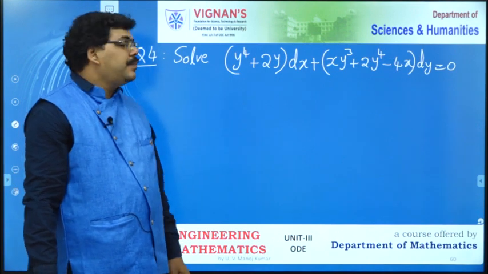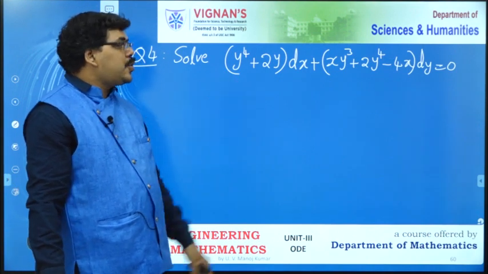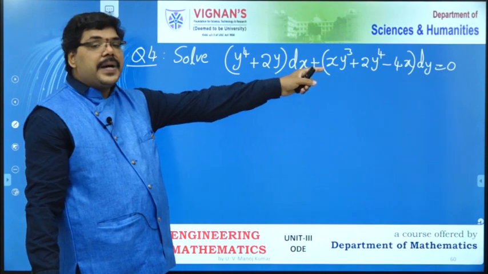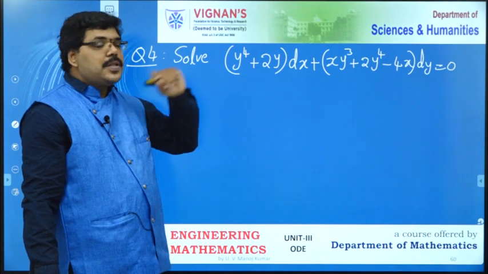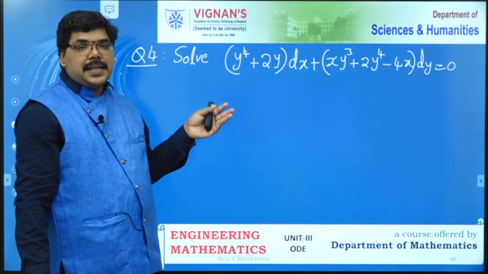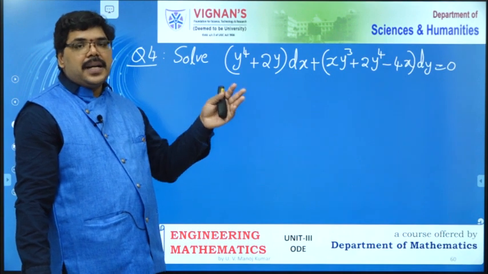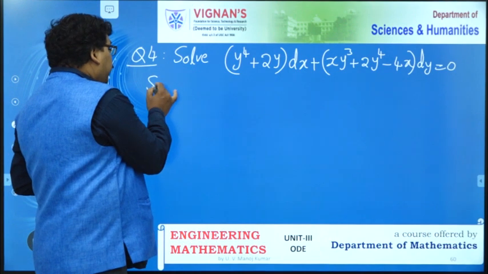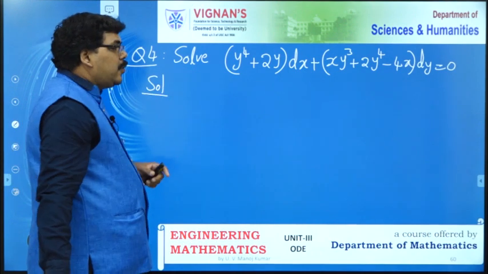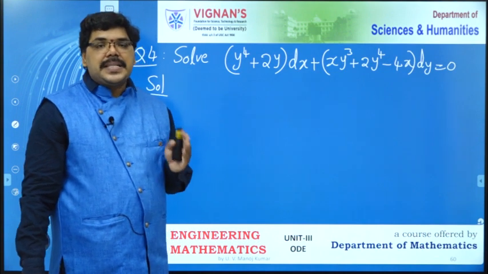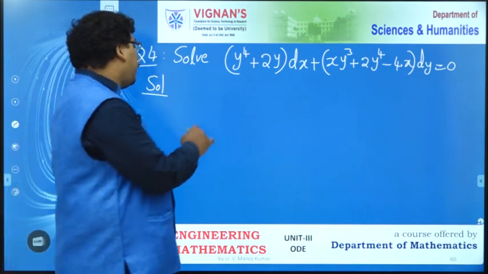Solve the differential equation (y power 4 plus 2y) dx plus (xy cube plus 2y power 4 minus 4x) dy equals to 0. Okay, let us try this differential equation with exact and non-exact cases. Compare with M dx plus N dy equals to 0.